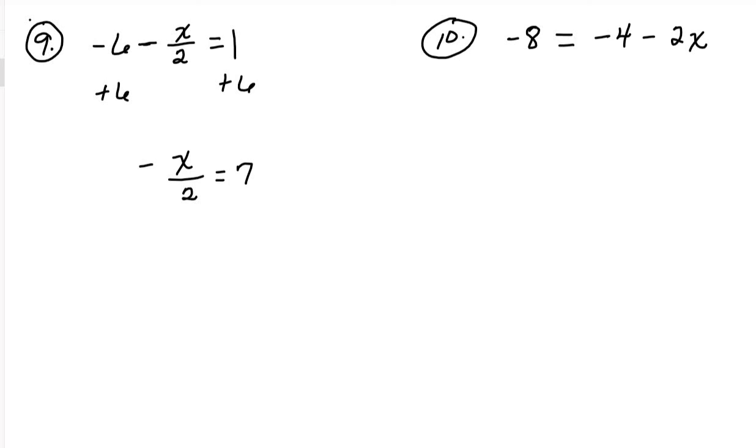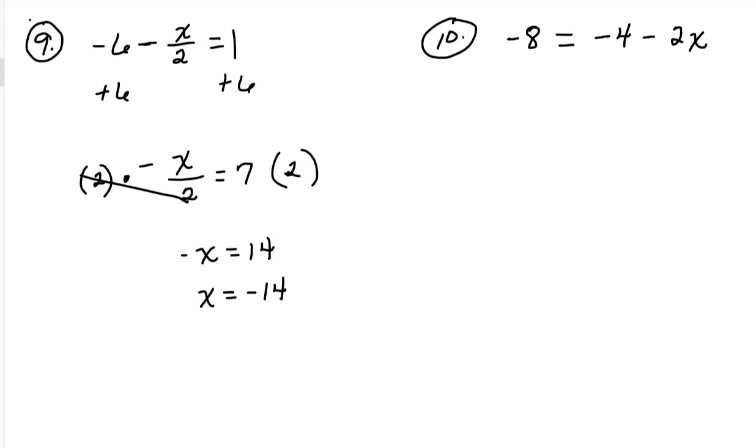And it doesn't really matter. What I'm going to do is to get rid of the 2 first. So I'm going to multiply both sides of my equation by 2. And over here on the left-hand side, those will cancel, and I have negative x equals 14. So x equals negative 14.